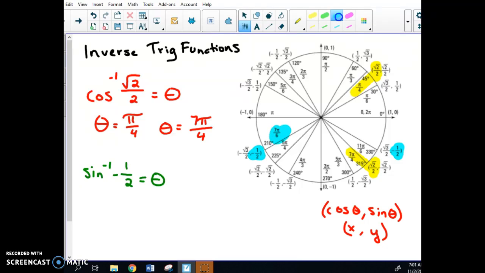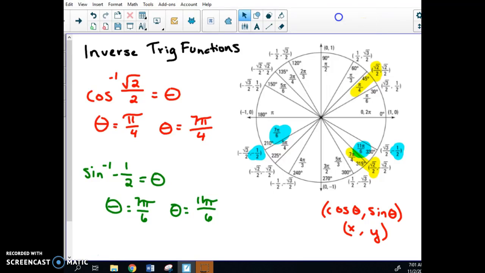So I just need to find my radian measures then. My theta is going to be 7 pi over 6 as well as 11 pi over 6. I don't have the tangent values on here, but you can do the same thing using your unit circle when we're talking about the inverse of tangent.